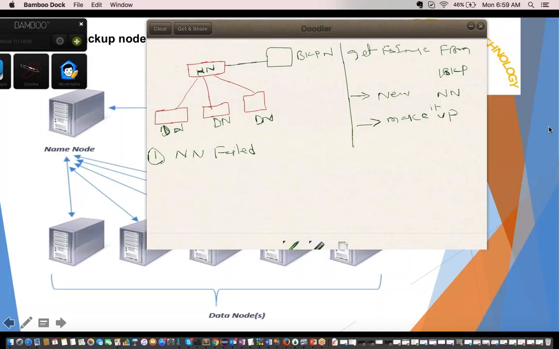To reduce that further, Hadoop came up with a feature called HDFS high availability.